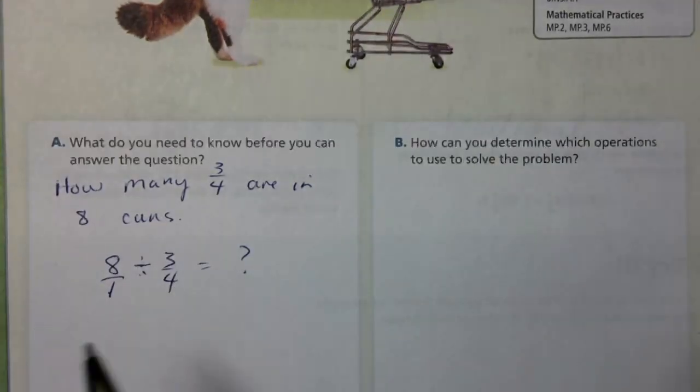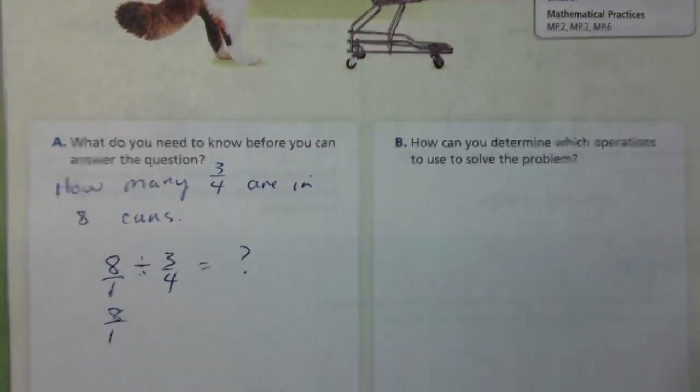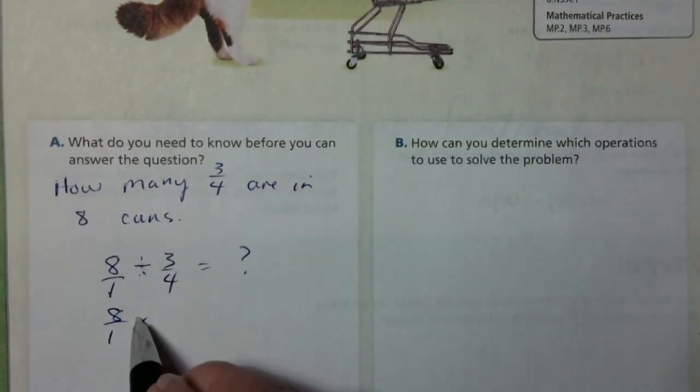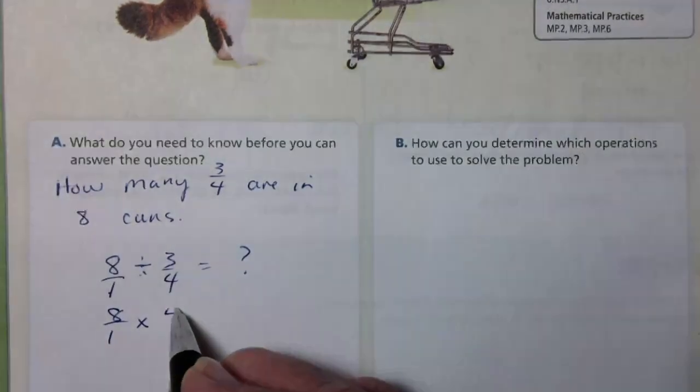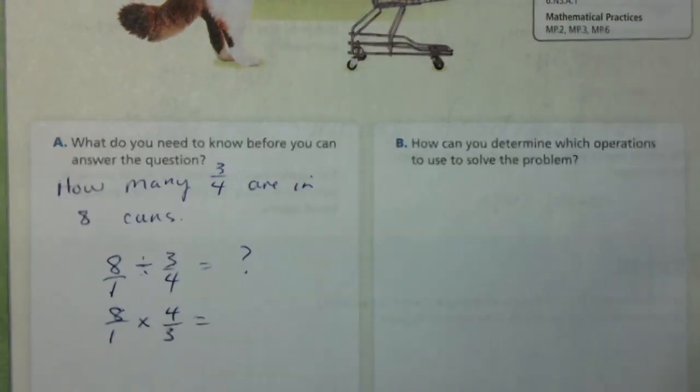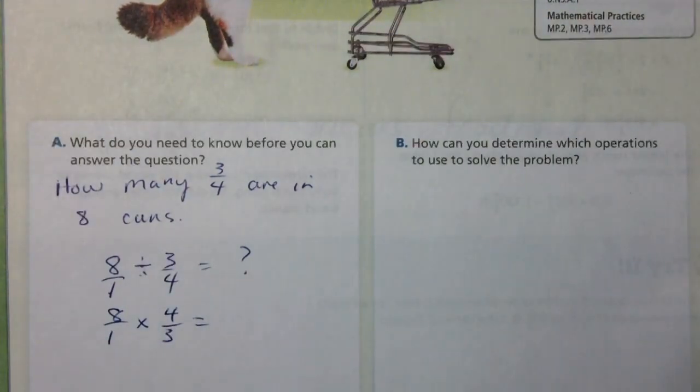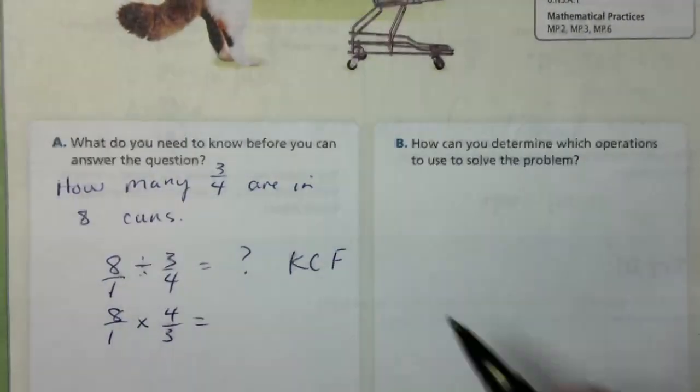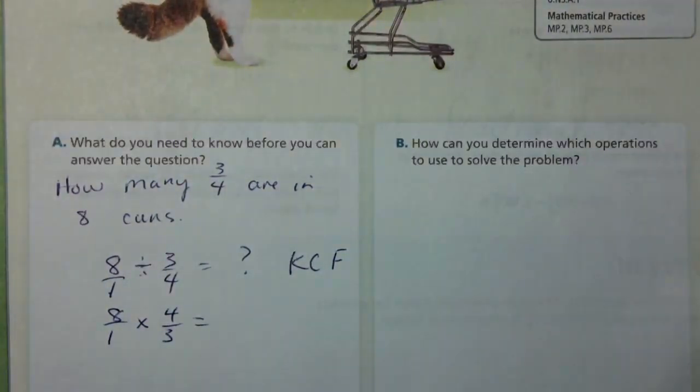So you're going to keep the first fraction, you're going to change division to multiplication, and you're going to flip the second fraction. Keep, change, flip. It's almost like Kentucky Fried Chicken, only it's Kentucky Chicken Fried. Okay? Just a joke there.